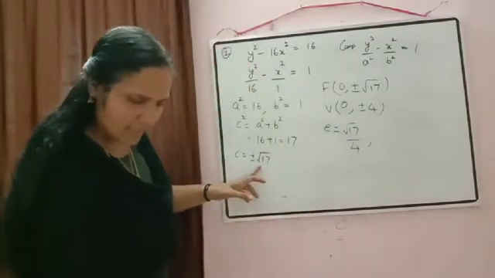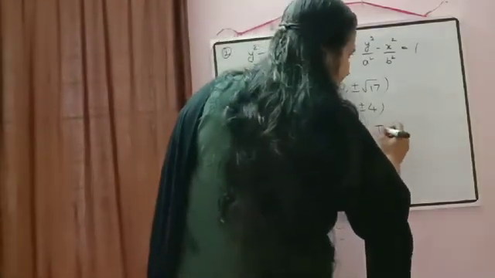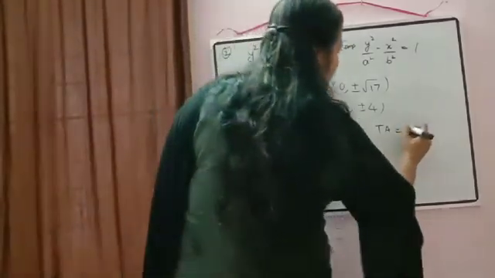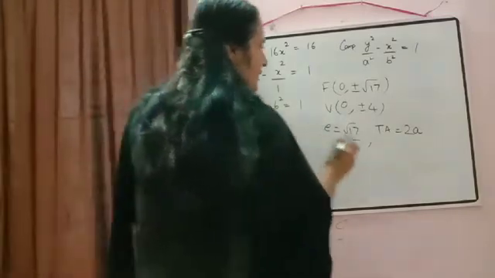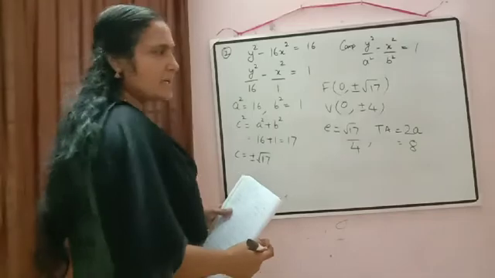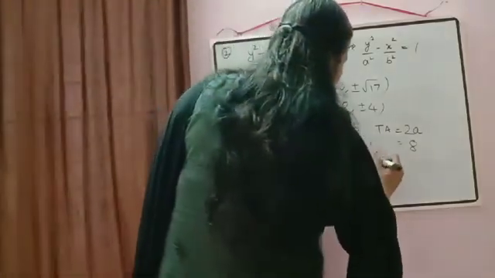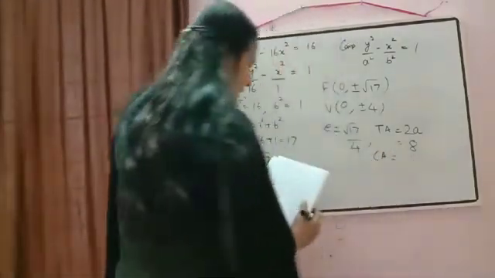Eccentricity. Then we need the length of transverse axis. Length of, I am writing TA. Okay. Length of transverse axis is equal to, we know the length of transverse axis is 2a and the value of a is 4. So we will get the length of transverse axis is equal to 8. Then length of conjugate axis. Length of conjugate axis is 2b.